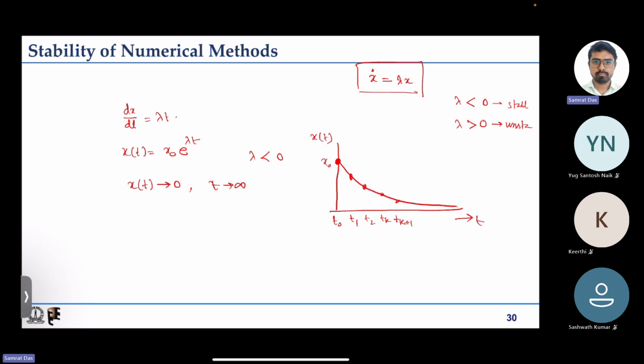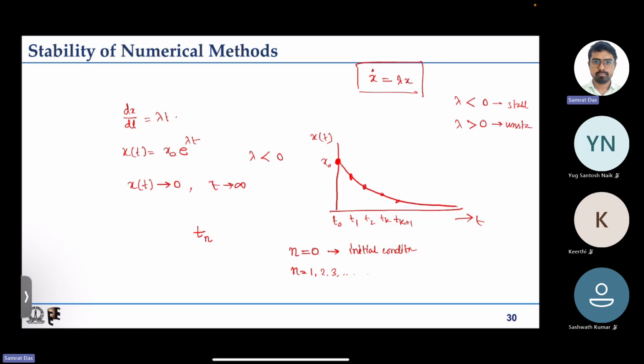So in discrete time, you will be doing some solution only at some time instance, say tn, where n equal to 0 indicates the initial condition, and the later values will be 1, 2, 3, 4, always some integer values.